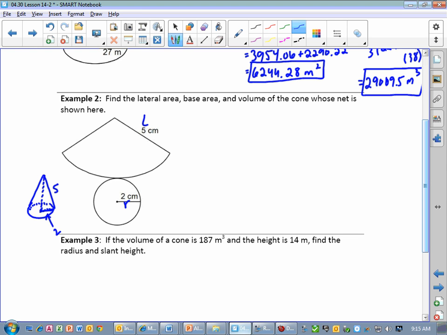So if we have a net, or if we know the slant height, either way, and the radius, we're going to find the height using the Pythagorean theorem. Notice the slant height is the hypotenuse. So to find the leg, we do hypotenuse squared minus leg squared: the square root of 5 squared minus 2 squared.